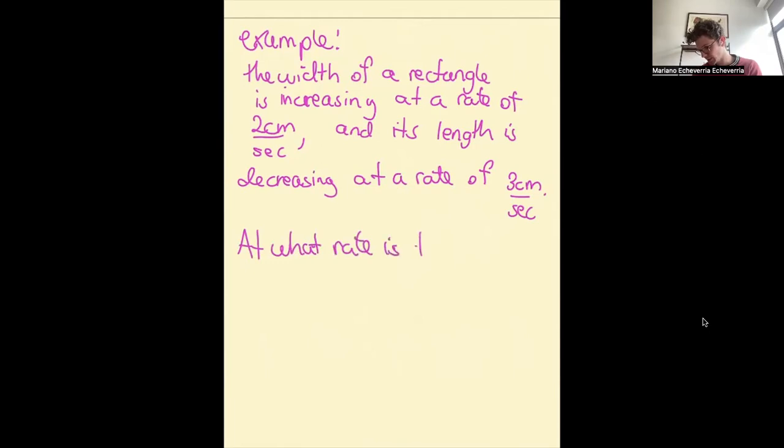How is the area of the rectangle changing? Let's call it A.